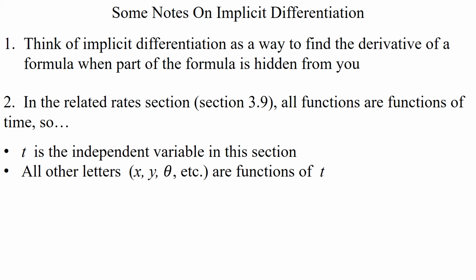If you see any other letter, even x, I know the x one is going to be confusing, but any other letter, x, y, theta, any letter besides t, I want you to think of that as stuff with t's in it, but it's hidden from you, so no one's telling you what the formula is. So if you see an x in a problem, x is really some stuff with t's, like t squared plus e to the x, I don't know, some formula, but they're not telling you what the formula is. So x is a formula with t's in it, and it's hidden from you. y is a formula with t's in it that's hidden from you. Any letter other than t is a formula with t's in it that's hidden from you.